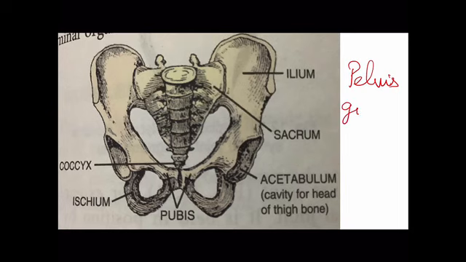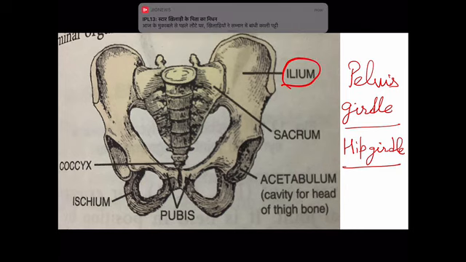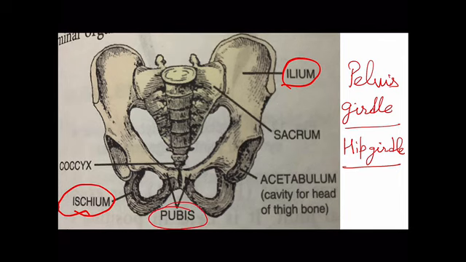The pelvic girdle is also called the hip girdle. Okay, and you can see it from the front. This one has three major bones, that is ilium, ischium and pubis. So these are three major bones, and the backside part is the sacrum and coccyx.